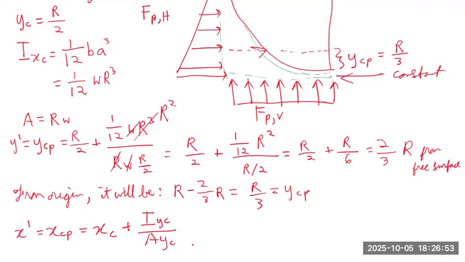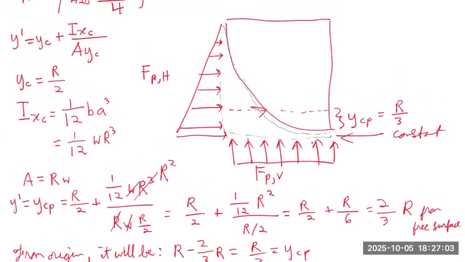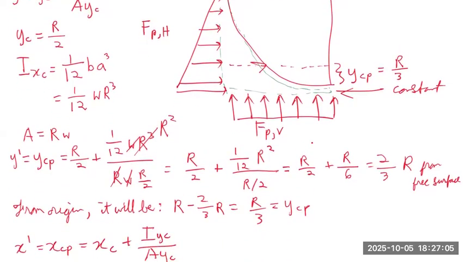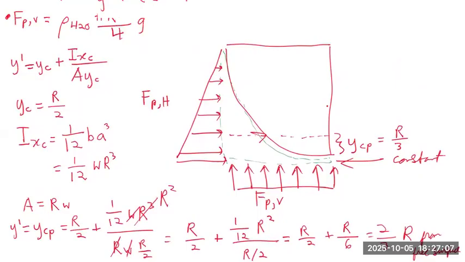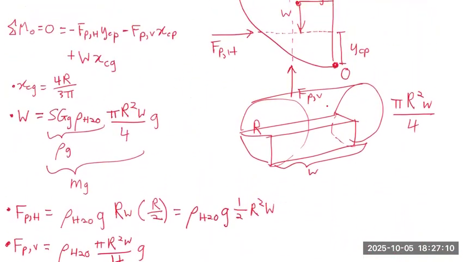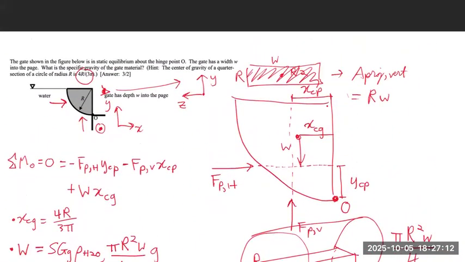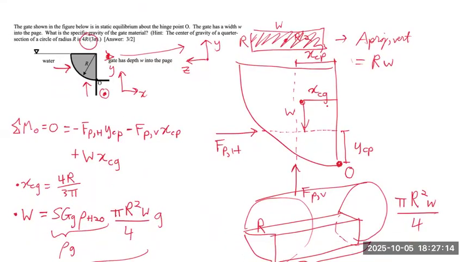And this time the projection we are actually concerned with is going to be the horizontal projection of the area. The horizontal projection of the area is actually going to be identical to the vertical projection of the area since this is a quarter circle.